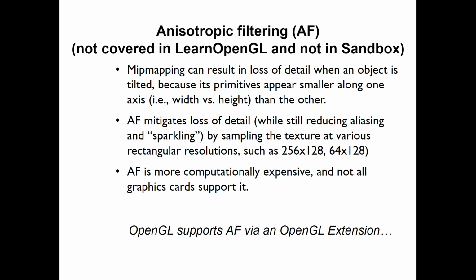It's just yet another level. So if we have loss of detail when the object is tilted because primitives are smaller along one axis than the other, right? So if now suddenly we're tipping things in such a direction that they vanish in the distance, but for some reason the horizon is different than how fast things drop off.